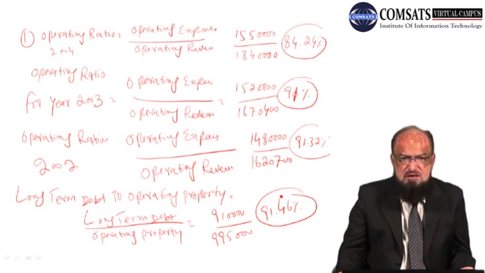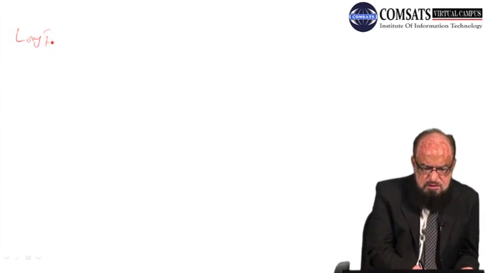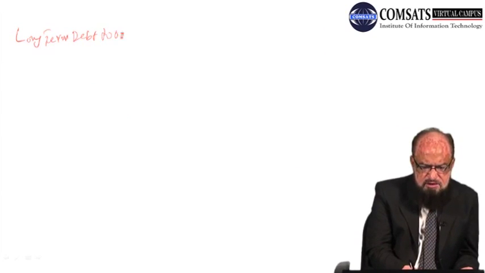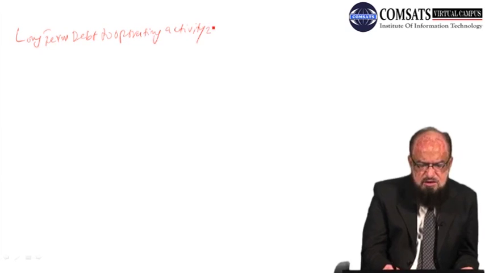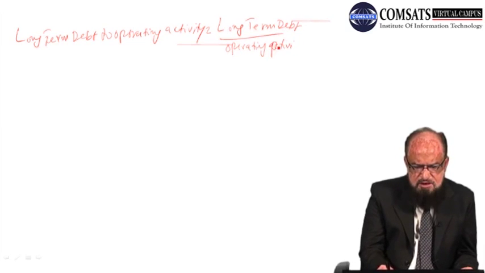Now we will calculate long-term debt to operating property for 2003. Long-term debt to operating property is equal to long-term debts divided by operating property.